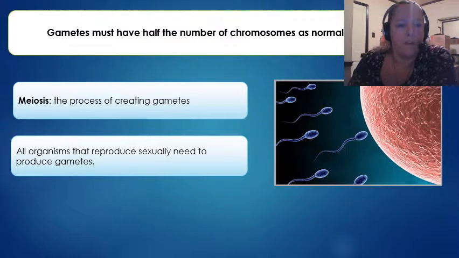Meiosis is the process of creating these gametes. All organisms that reproduce sexually need to produce gametes. So the gametes will have not 46 chromosomes like every other body cell, but they will have 23.